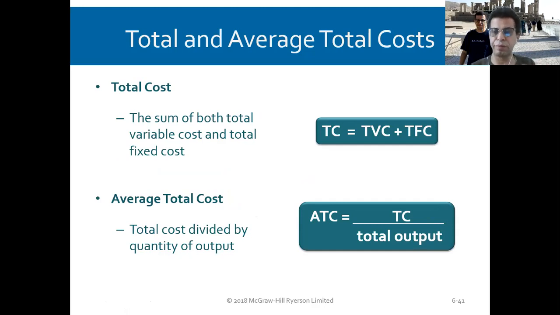So your fixed cost is your place and the cooking stuff that you have to buy, whether you're going to cook or not. And your variable cost is probably the flour that you bring in, how many kilos of flour and how many liters of oil. But the average total cost, as we said, is the total cost divided by the output. And the total cost is made of fixed costs and variable costs.